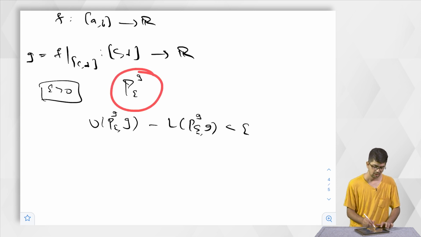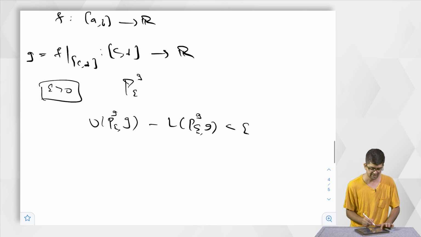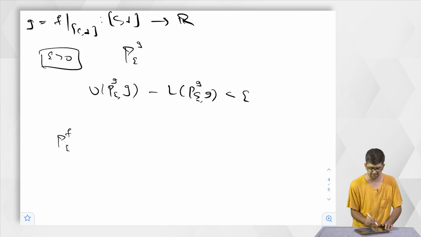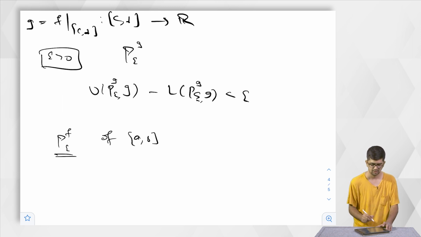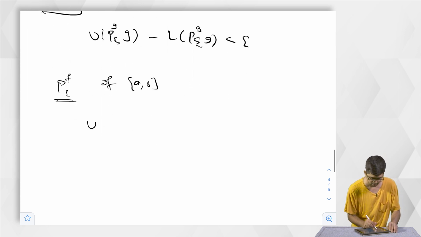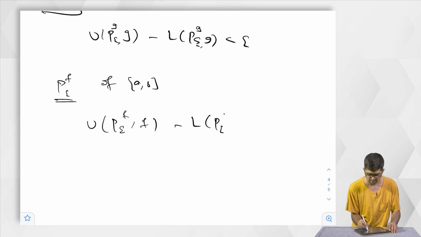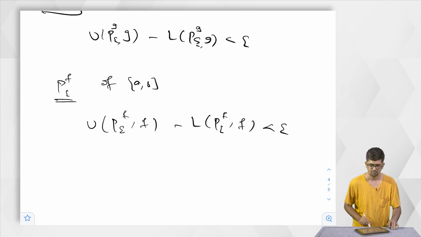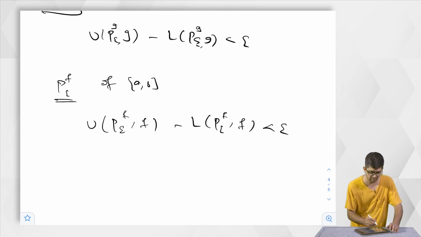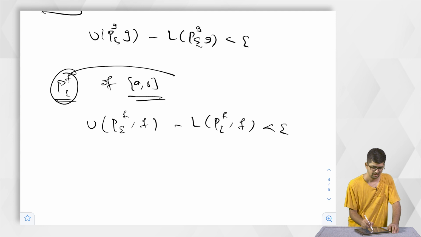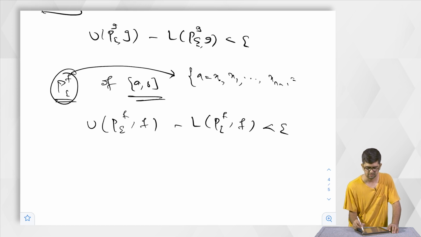Integrability of f gives a partition p epsilon of a b such that U p epsilon f minus L p epsilon f is less than epsilon. This is what it is. So how does a partition of a b look like? It starts with a, written as x0, x1, dot dot, x n minus 1, and b is equal to x n.